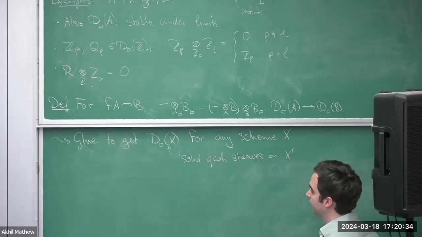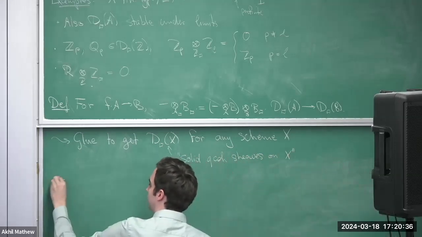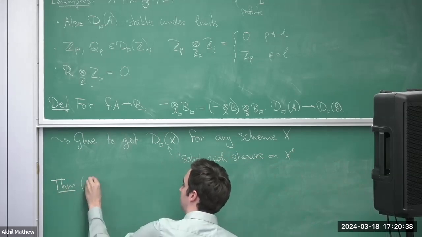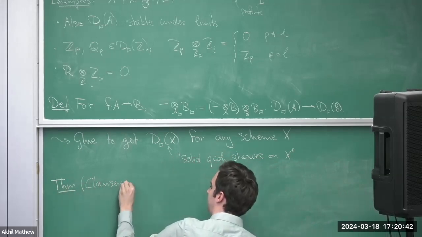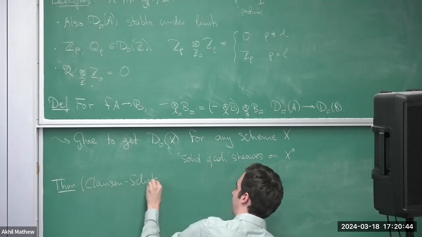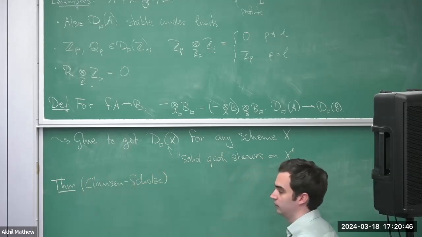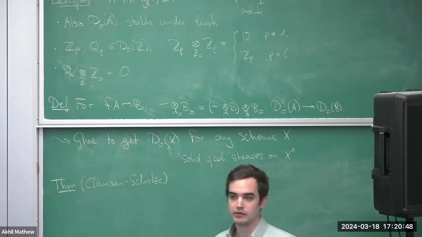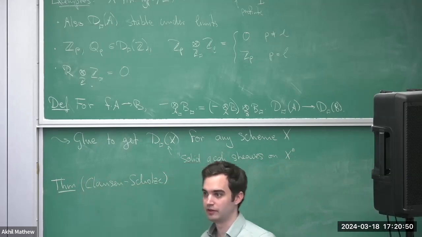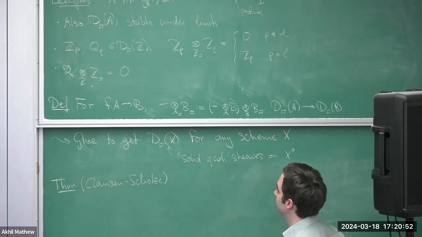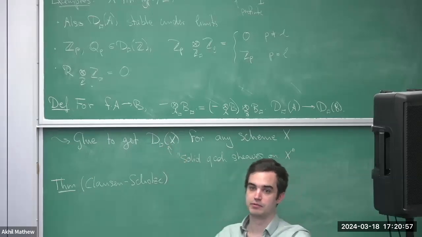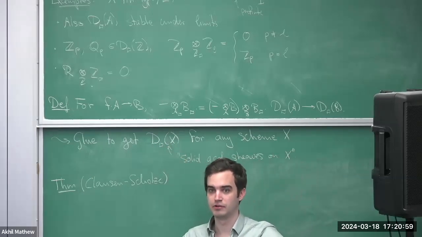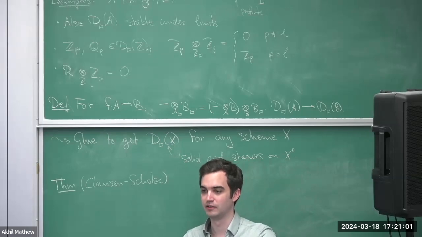Right. And now there's the theorem due to Clausen-Scholze. And by gluing, I mean I'm gluing the derived categories in the infinity category sense. So you should think of an object in here as covering your scheme X by affine lines, and on each affine line you take a module, and then you have some descent data around that.